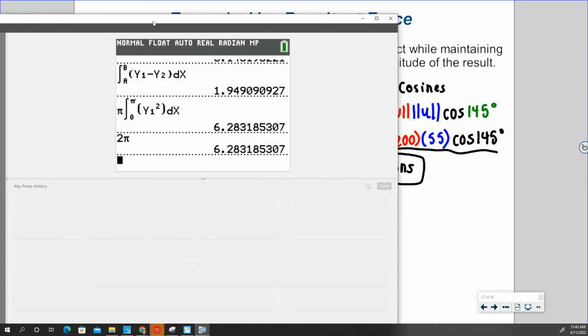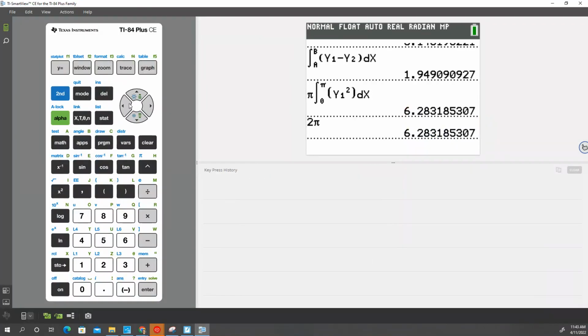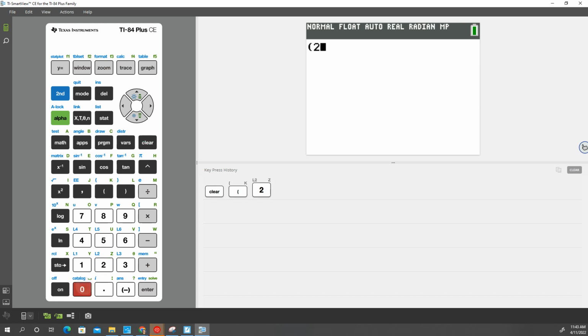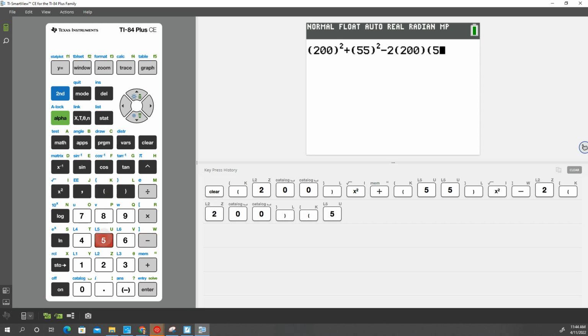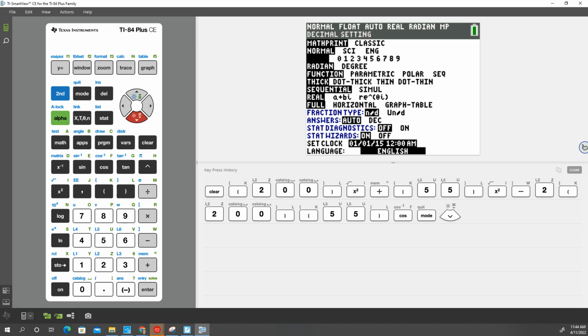So let me go ahead and get that. Let's get that magnitude, that exact value, in my calculator here. Like I said, just plug and chug in that law of cosines. Minus 2 times 200. I don't know if I'm in degree mode. Radians, good thing I thought of that.